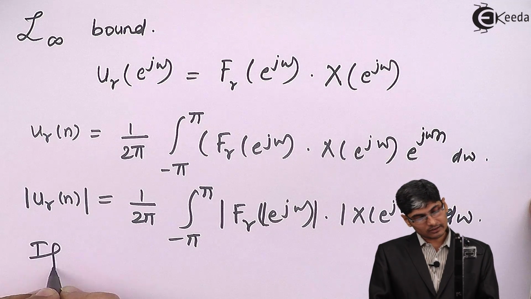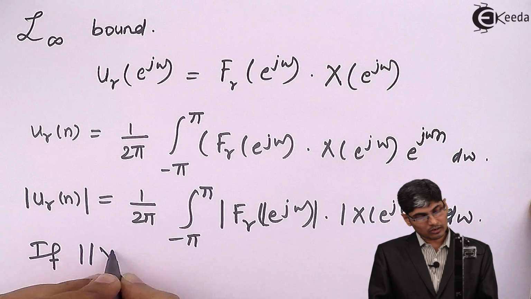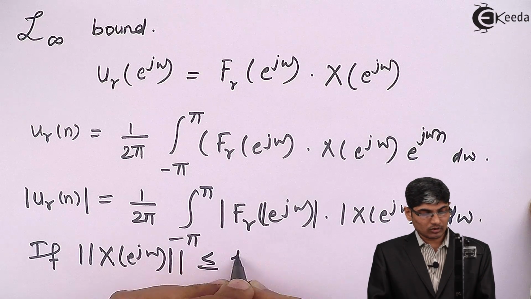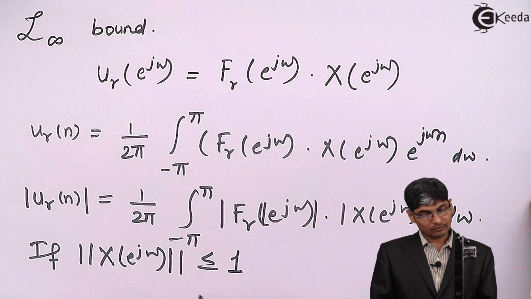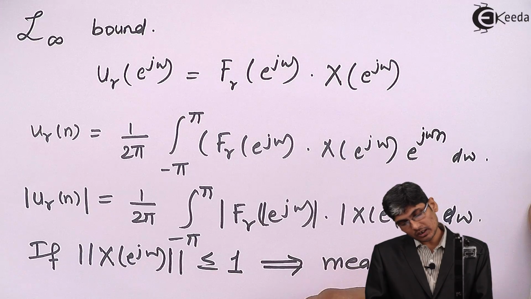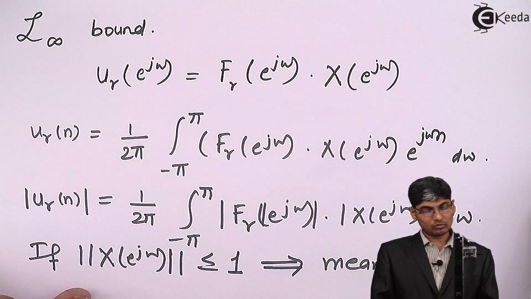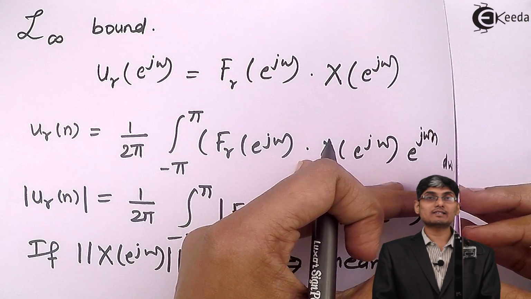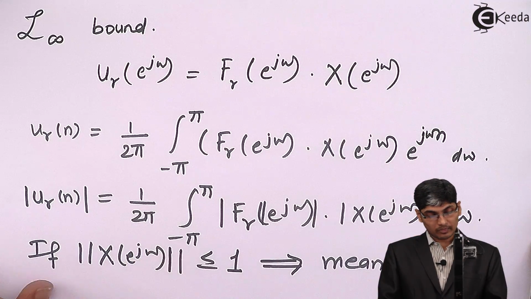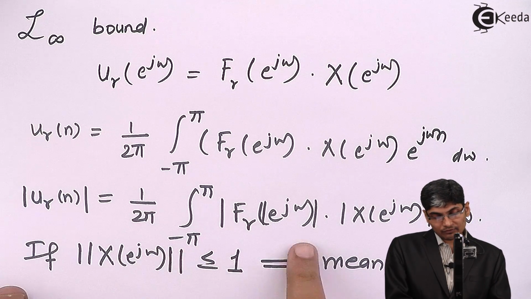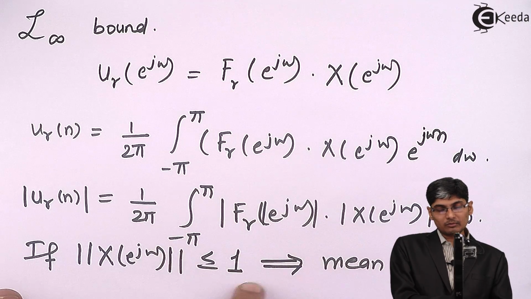Now if I consider that the norm of X(e^{jω}) is less than or equal to 1, which means that the mean value of the input spectrum is less than or equal to 1, then u_r[n] will never cross 1 if this factor is at most 1.